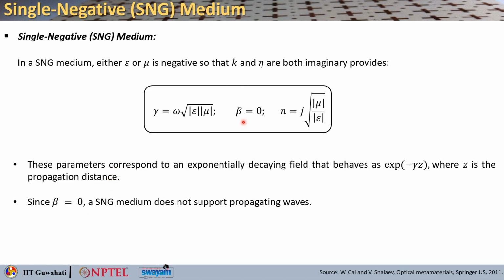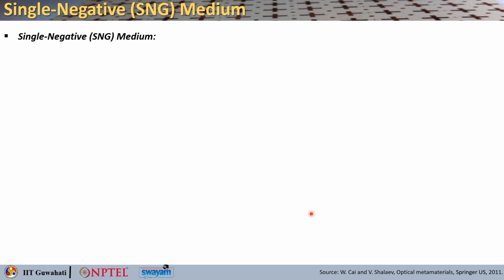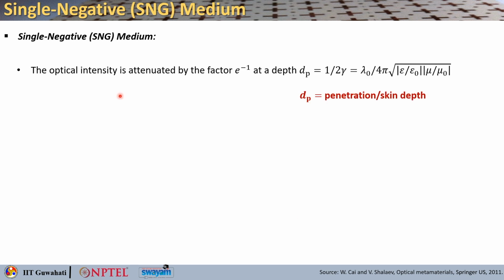And obviously, as I told you, beta is 0 here, which means the single negative medium does not support any propagating waves. Because the wave is attenuated in this kind of medium, the optical intensity will get attenuated by a factor of 1 by e at a depth of dp, which is given by 1 by 2 gamma.